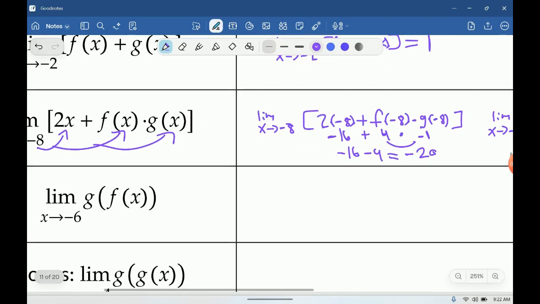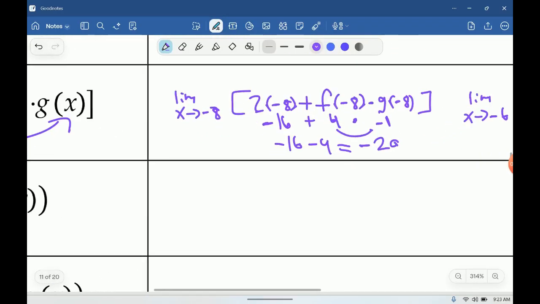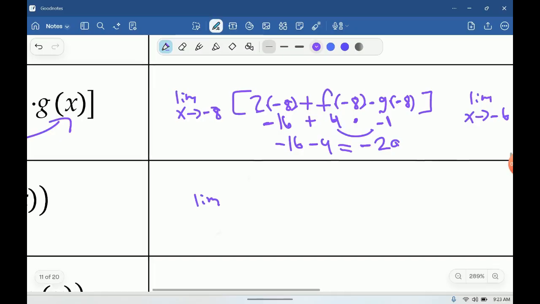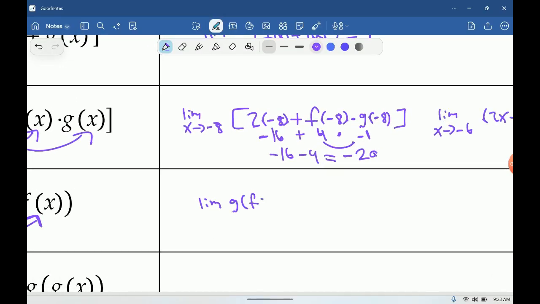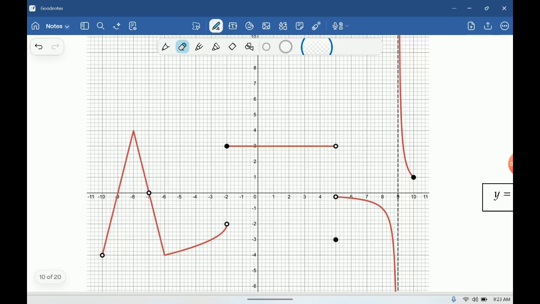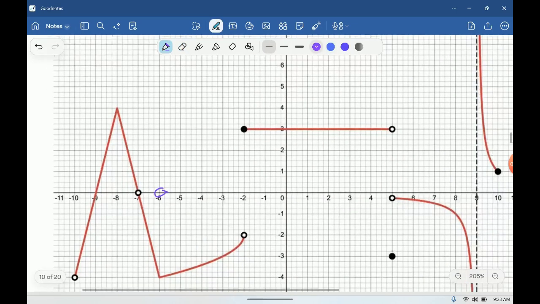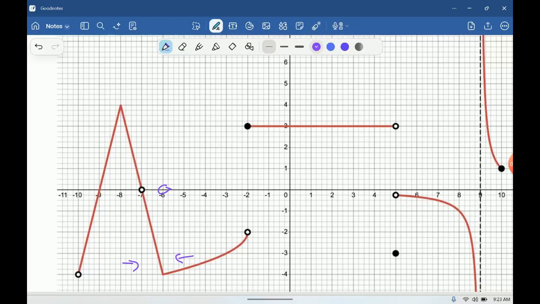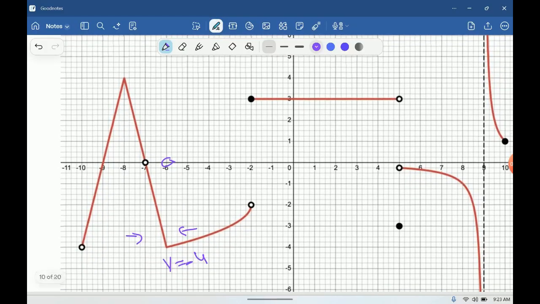Our next question asks us to find the limit of g considering f of x as the limit approaches negative 6. Once again, we're going to want to put negative 6 into the place of x. For g considering f of x as a limit approaches negative 6, we're going to put f of negative 6. We're going to go to our graph for f of x and find where negative 6 is, which is right over here. We can see both limits happen to meet it at the same spot, which is y equals negative 4.